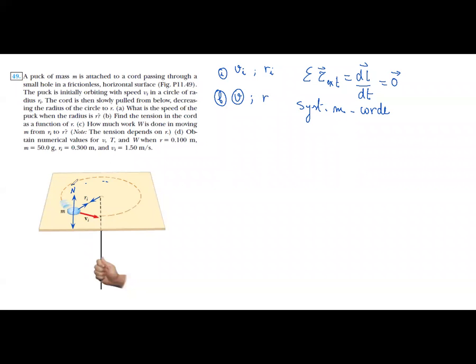So we have N, we have mg, and we have the internal tension, and that's all. You see here N and mg don't contribute to the torque. mg and N will not rotate the pack on the plane.